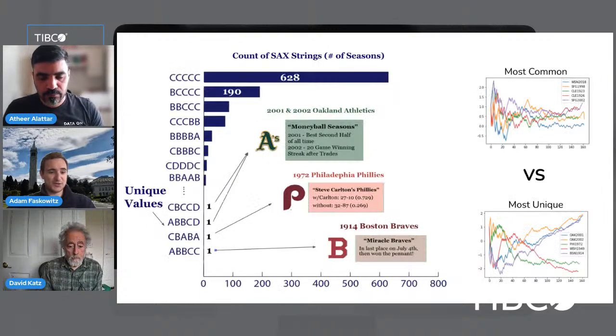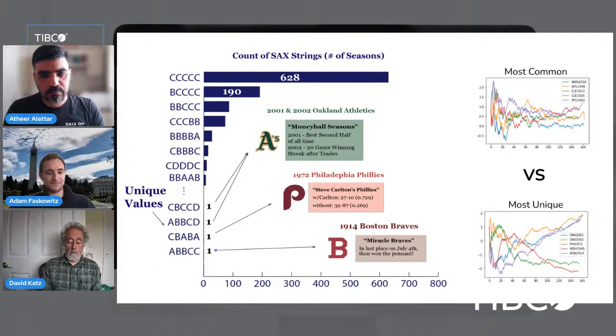What could be interesting is that the Phillies were an example where they started out at C, maybe average, maybe a little above average. They got worse, got to basically rock bottom, then went up a little bit again, and then went back to rock bottom. So that's what you can think about when you see CBABA. You can get the gist of what happened very quickly, in just that one SAX string representation.